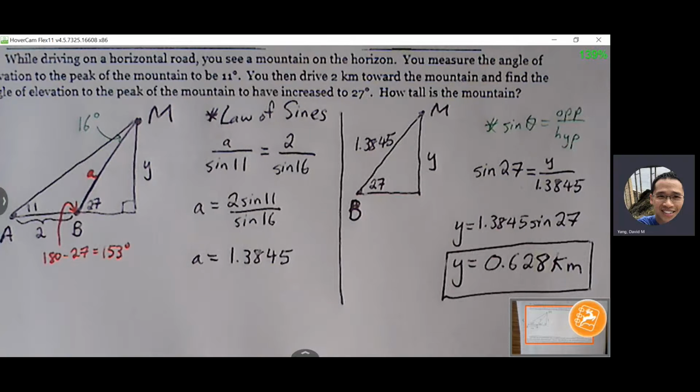Okay, virtually identical setup as number 2, just different numbers.